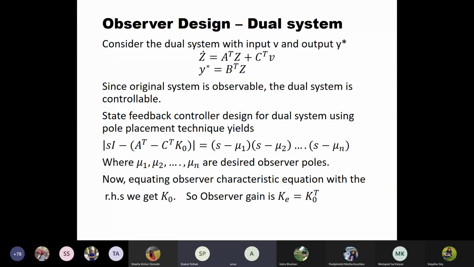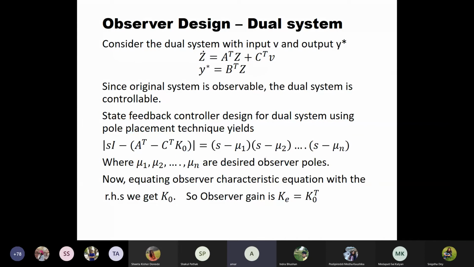X, okay, right? So you have to understand first what do we mean by the dual system. Say the primary system is x dot is equal to Ax plus Bu and y is equal to Cx. This is the primary system. Okay. And for that primary system, if you have to construct a dual system, in the dual system, the state variables, input and the output will be different.